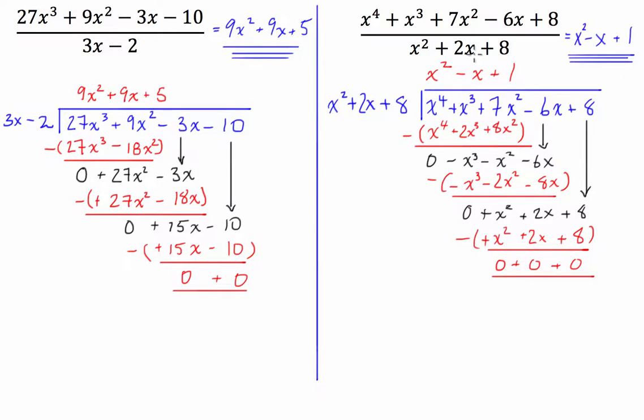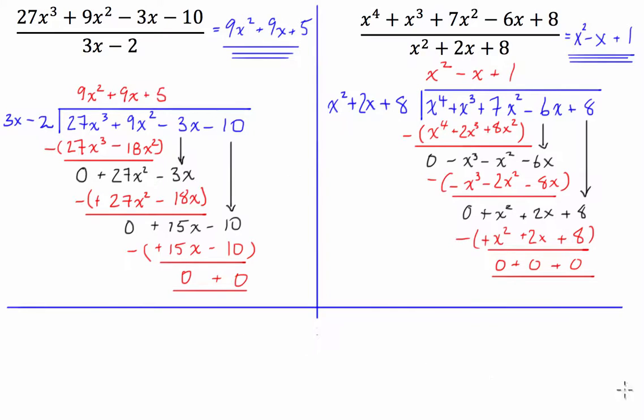Okay, so let's have a look at what we did to solve both of these. First of all, we got the first number and we divided it by the first number and we stuck that solution here. Then we got this number and divided it by this number.